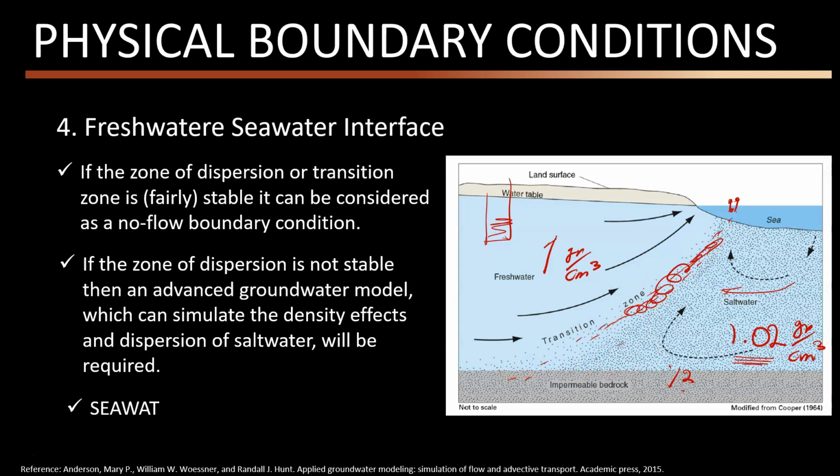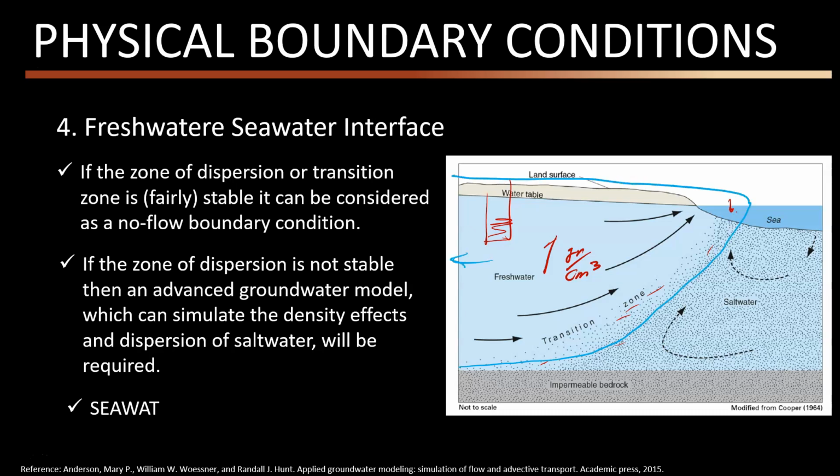For example, if we would like to model this chunk of the system, for example, the freshwater side of the system, we can assume a no-flow boundary condition here and a specified boundary condition here, for example. Okay, so this is one way to look at this problem.